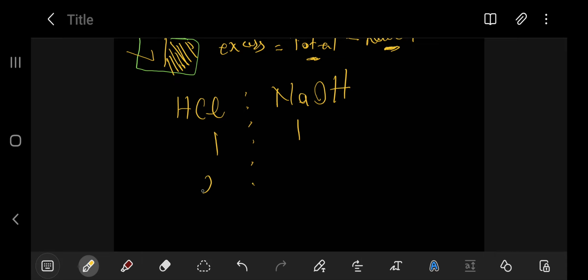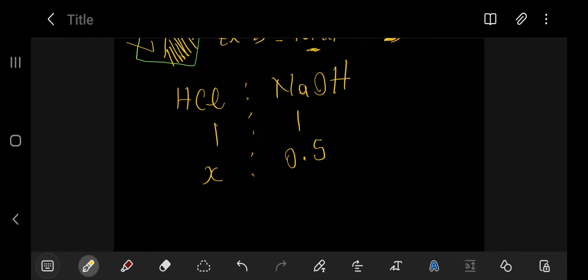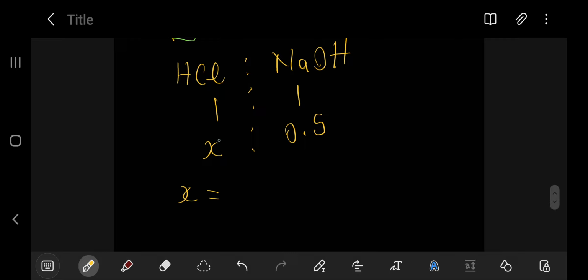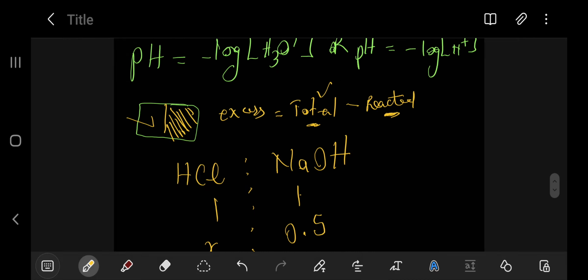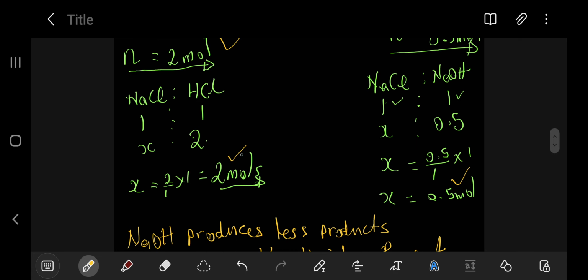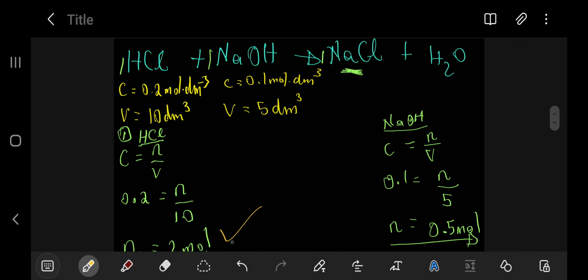We know that 0.5 moles of the sodium hydroxide reacted, so it's 0.5 divided by 1 times 1, and that results in 0.5 moles. So only 0.5 moles of the hydrochloric acid reacted, but we had a total of 2 moles, what we calculated up here.